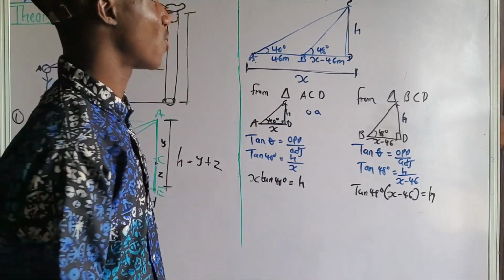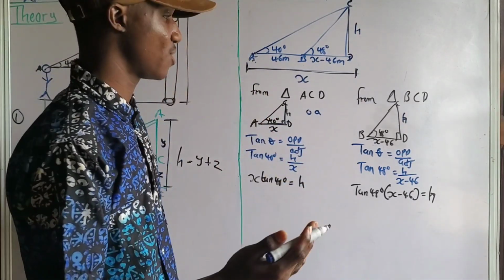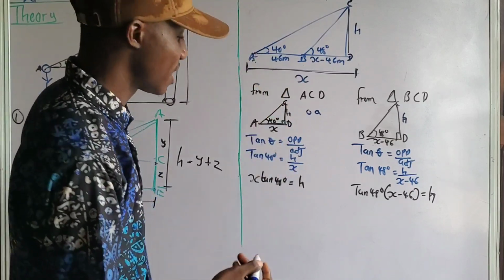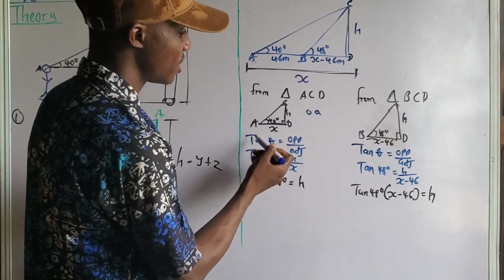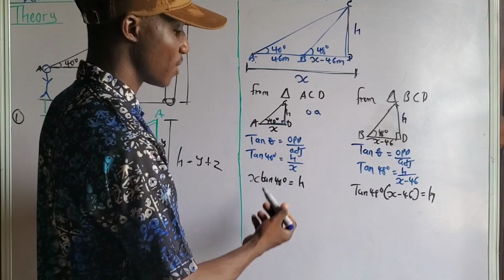Whether you are considering the bigger triangle or the smaller triangle, you are still going to have a single height. So for the bigger triangle, which is triangle ACD, the height is x tan 40 degrees.